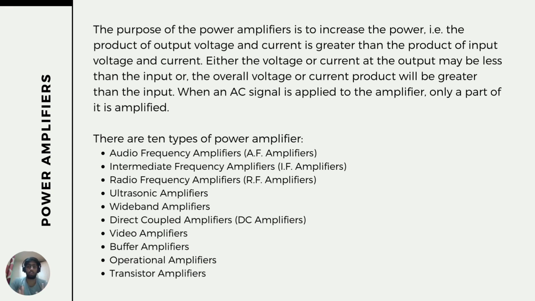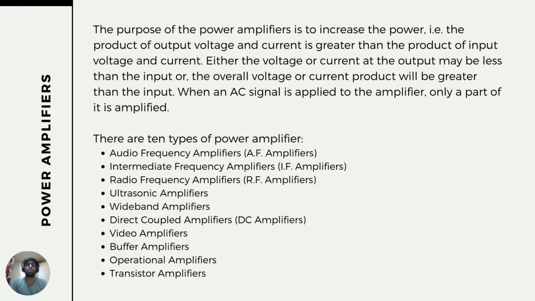There are like 10 types of amplifiers: audio frequency amplifier, intermediate frequency amplifier, radio frequency amplifier, ultrasonic amplifiers, wideband amplifiers, direct coupled amplifiers, video amplifiers, buffer amplifiers, transistor amplifiers, and operational amplifiers. The power amplifiers are also classified into many classes like A, B, and C, and we're gonna deal with it later.